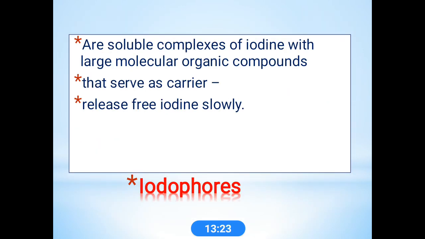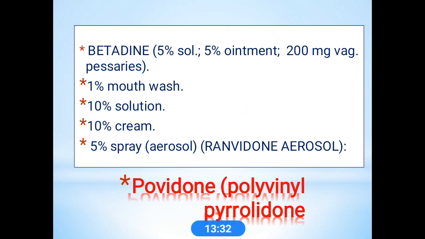Iodophores are soluble complexes. When these combine with iodine, they release the free iodine slowly. Povidone iodine, which is Betadine, is the most commonly used one.